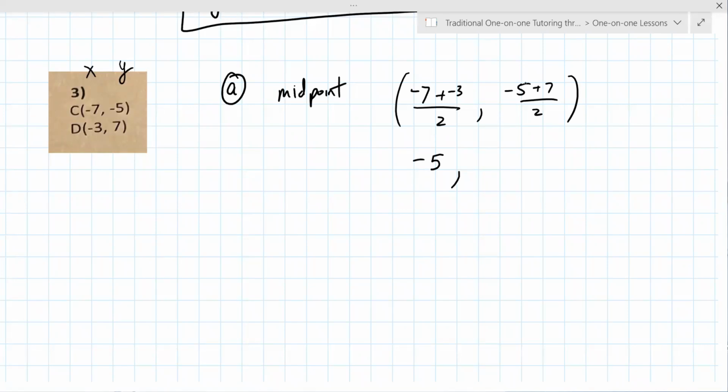Okay. -5 plus 7, that is going to be -2. Nope. It's positive. +2.